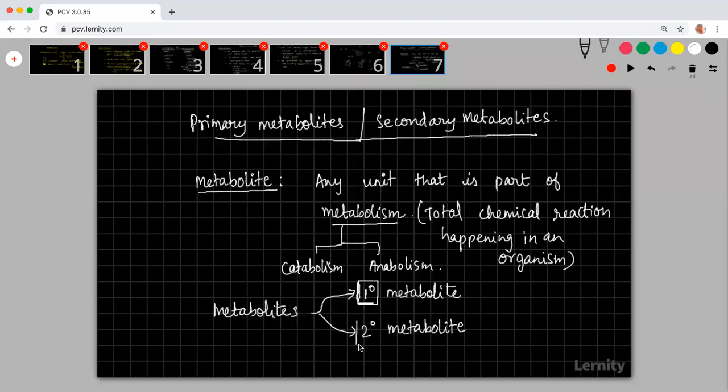When I'm using 2 degree, it means it's secondary. So you have two types of metabolites, one we call primary metabolite and one which is called secondary metabolite. What the primary metabolite is, and what the secondary metabolite is, we'll try to see. So quickly take it down.